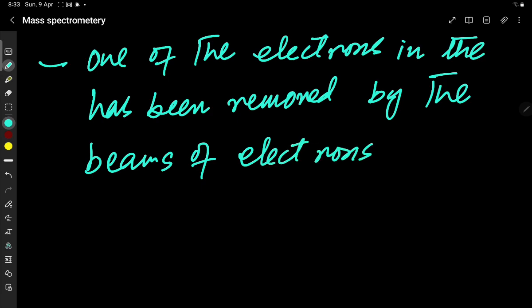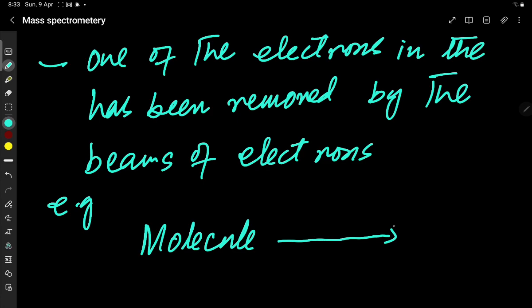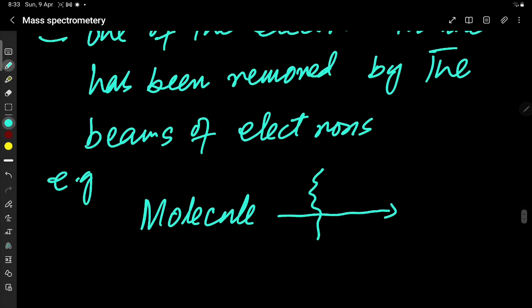For example, this is a molecule, electrons are bombarded and it is converted into a molecular ion plus an electron.